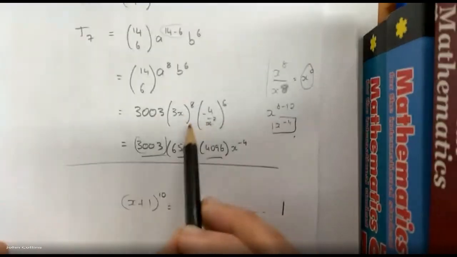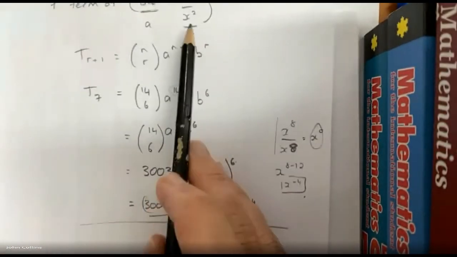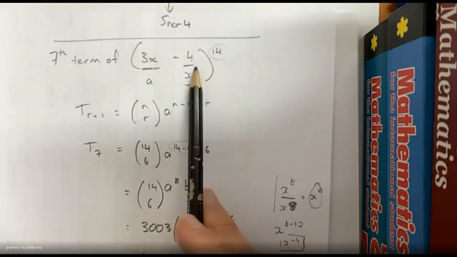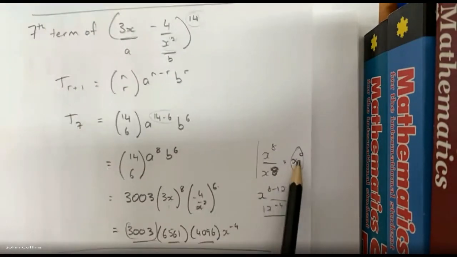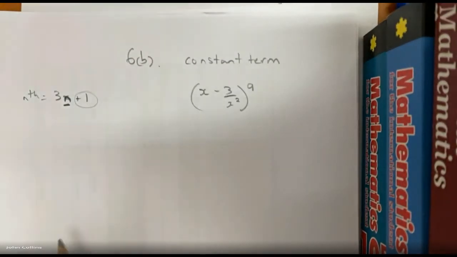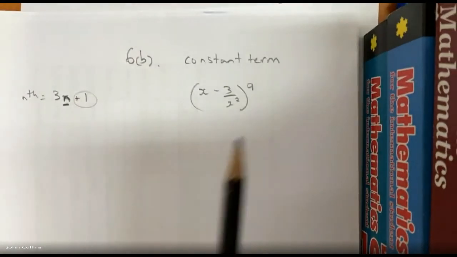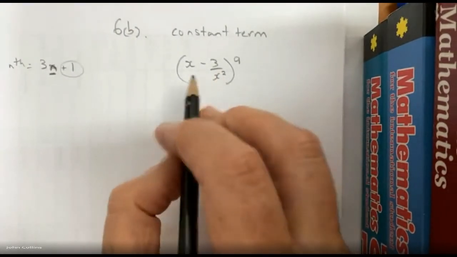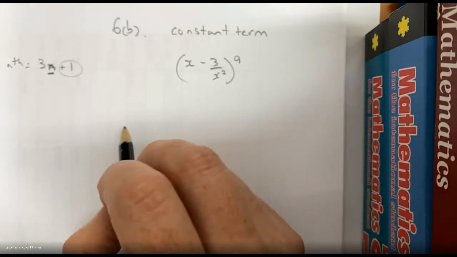But if you've got an expansion like this one, the last term won't be a constant because that's going to be x to the 28. So that's not constant. But somewhere in the middle, we can find a constant. Does anyone know which term we might be looking at?